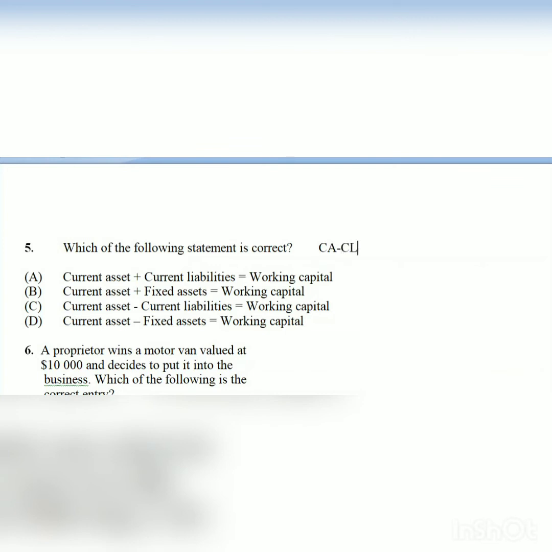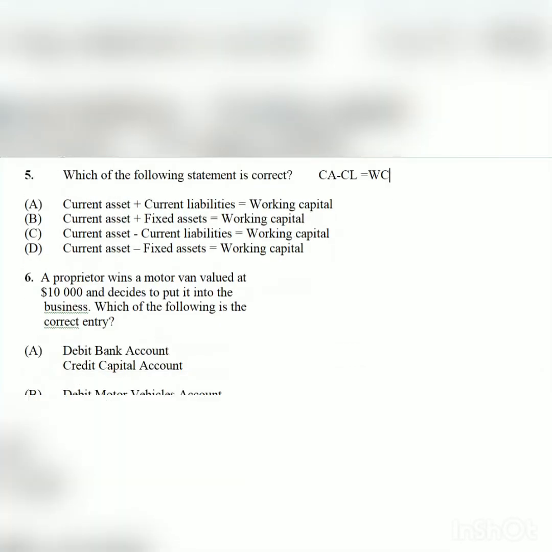So we want to look at our options. Current assets minus current liabilities would give us our working capital. So let's look at the options that we have. The first option is current assets plus current liabilities. So we know that this would be out. Sorry, so let's strike through that.